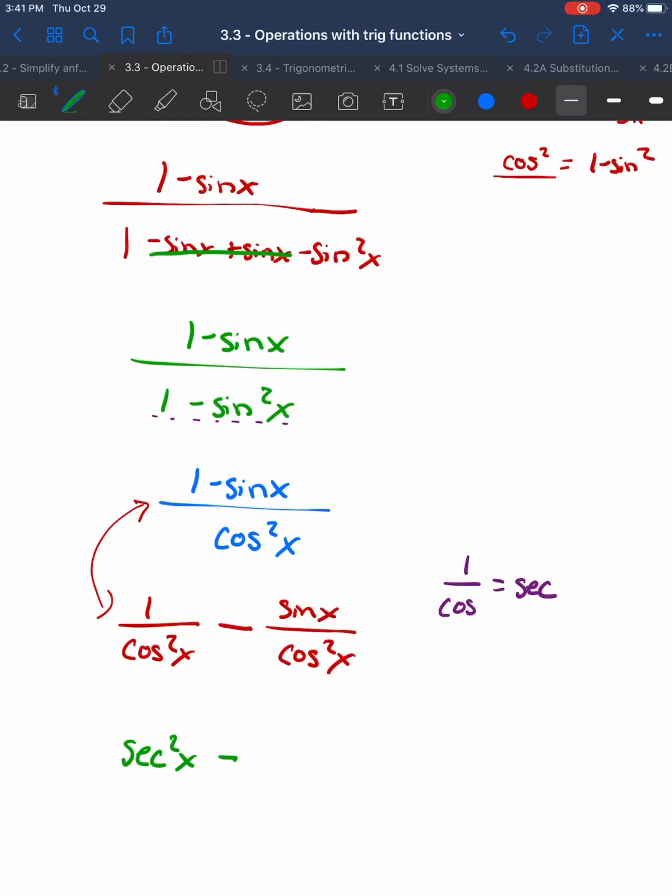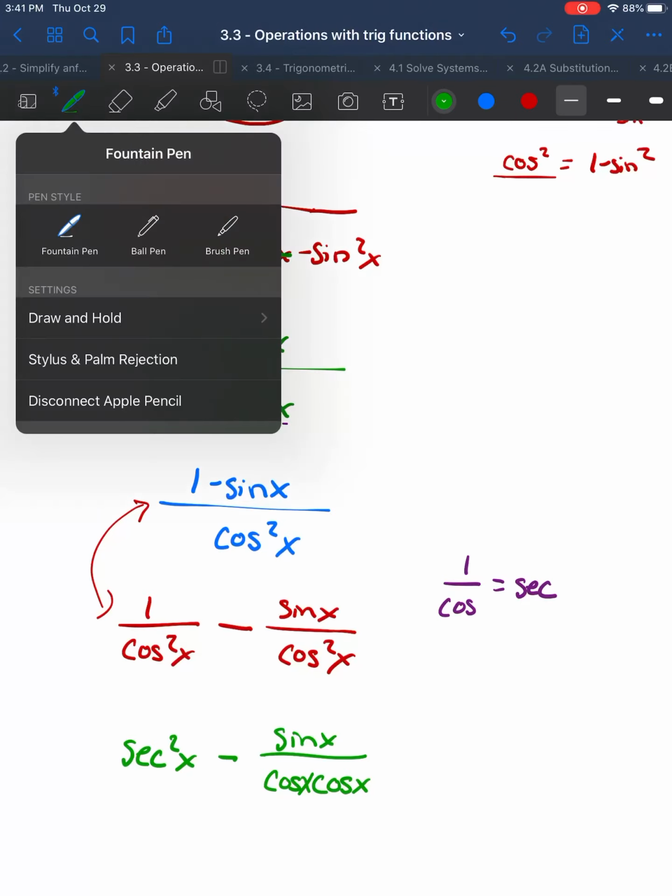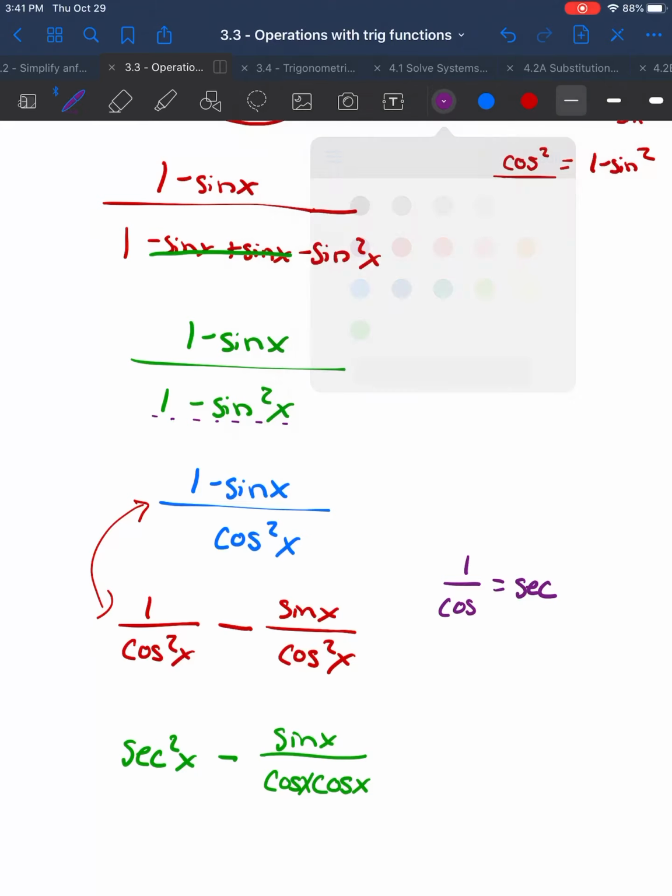Minus. Now this piece is a little trickier. If this had been sine squared over cosine squared, easy peasy. But since they're not the same size, I've got to think a little harder, okay? So can I rewrite this as sine over cosine times cosine? Because that's what cosine squared means. Now look.